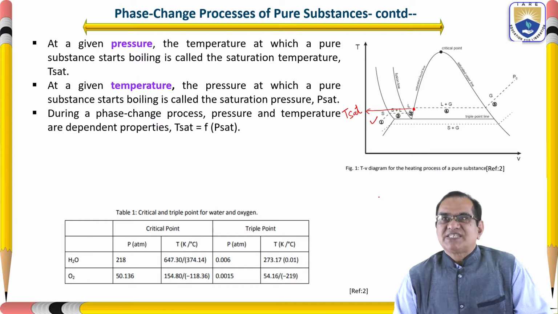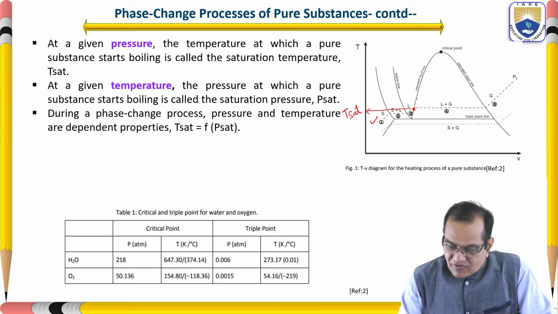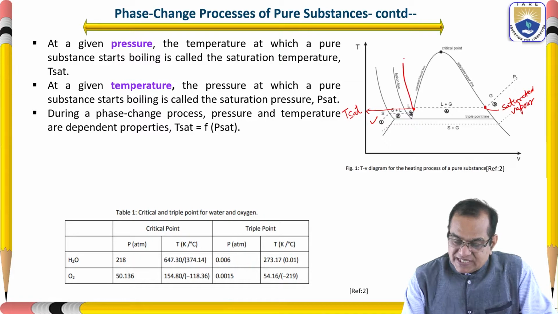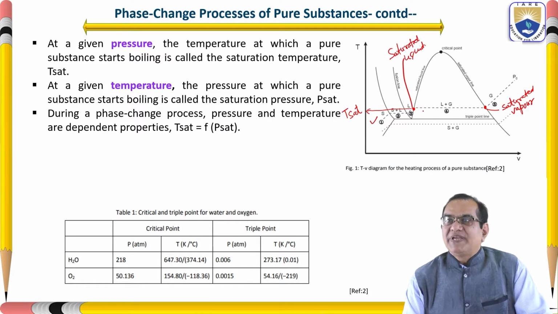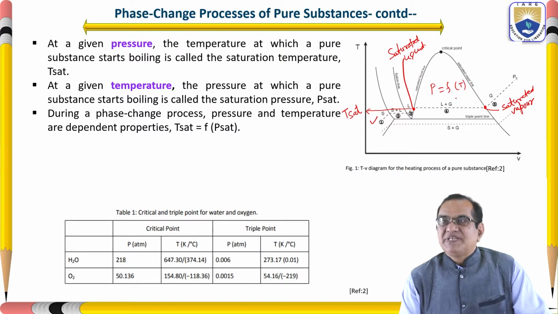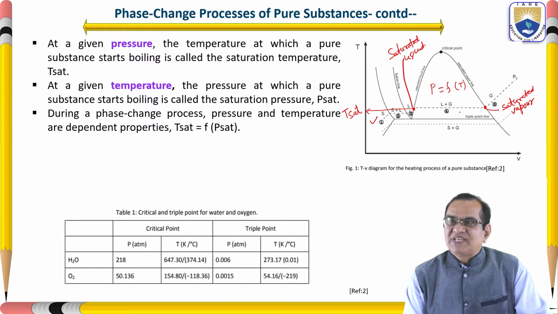During a phase change process, pressure and temperature are dependent properties. So if you see here, from this liquid to this, here is the saturated vapor, and this is the saturated liquid. From here to here, P is a function of T. That means if you vary the pressure, temperature will also vary.